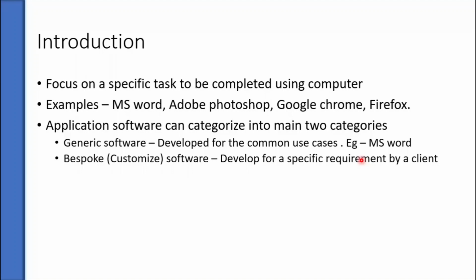For that purpose, they want to develop software. What they do is find a consultancy firm or software development firm to develop their requirement. This is a specific requirement for this client, so the development activity is done only for that specific person or the specific requirement set.